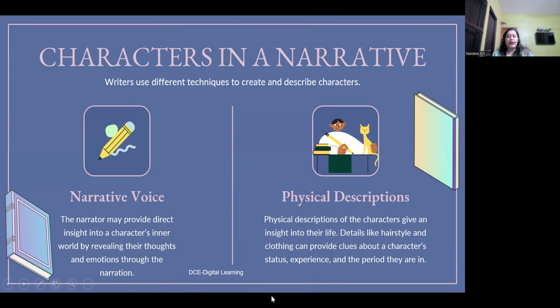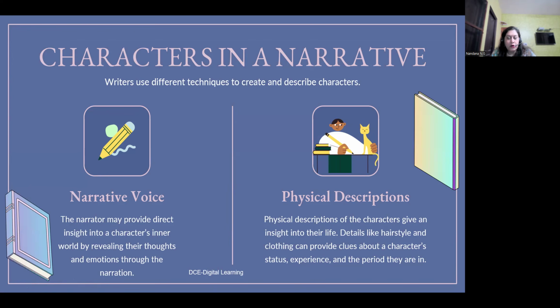The writers use different techniques to create and describe characters. Narrative voice: the narrator may provide direct insight into a character's inner world by revealing their thoughts and emotions. Physical description: the physical description of the characters gives an insight into their life.